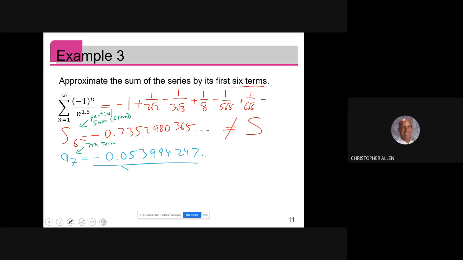In fact, let me write that. The error has to be less than this. In other words, negative 0.78929 less than S, less than 0.68131.